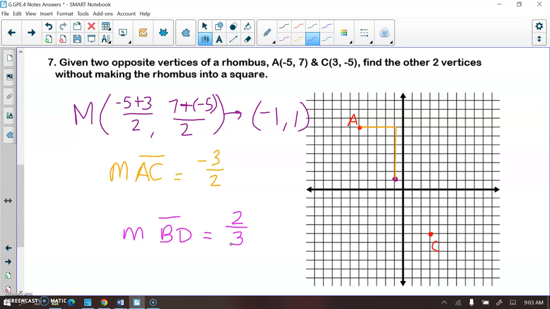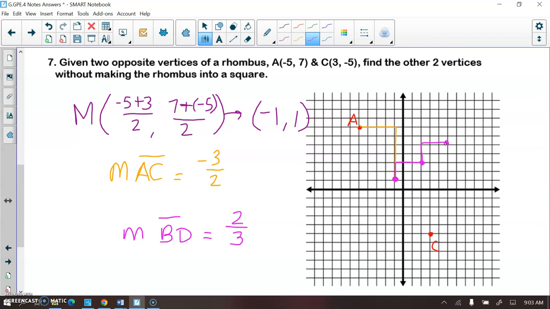Now I don't want the diagonals to be congruent, but I'm going to go ahead and from my midpoint, use a slope of up 2 and over 3. Now if I put point D or B here, it's actually not going to make this into a rhombus, so I'm going to keep going. Up 2 and over 3. This is also not going to be a rhombus, because that would mean the diagonals would be congruent here.